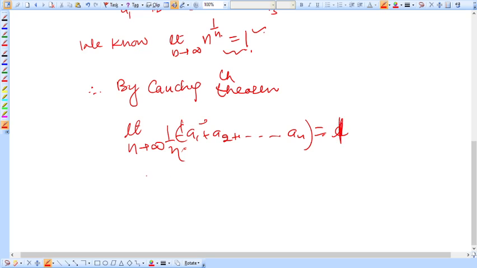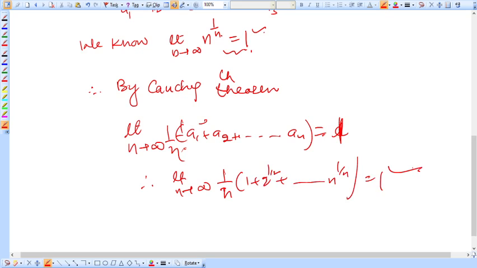So limit n tending to infinity 1 by n times (1 plus 2 raised to power 1 by 2 up to so on n raised to power 1 by n) is also equal to 1.